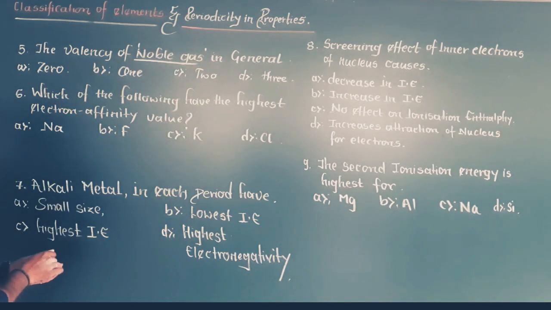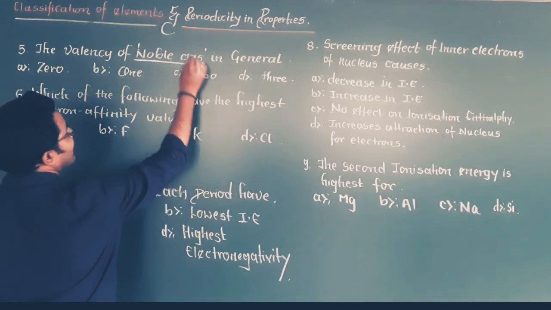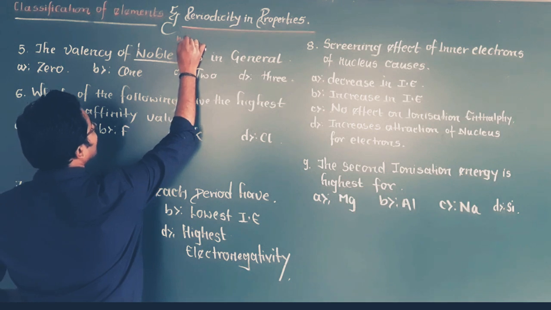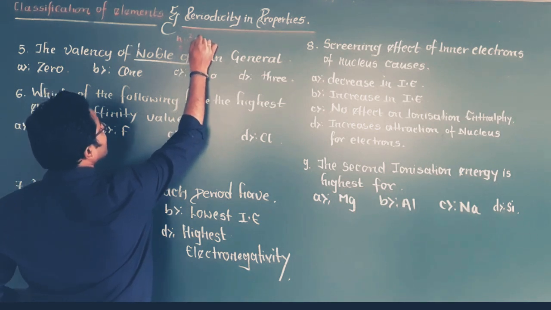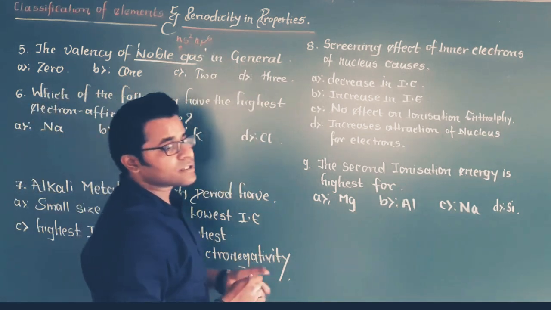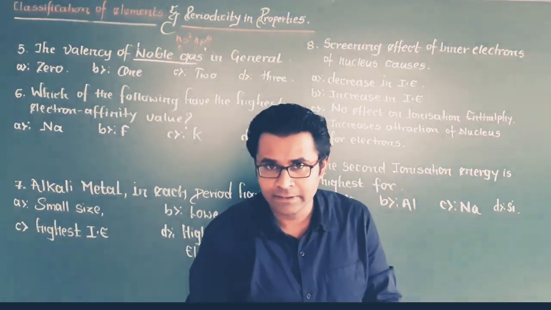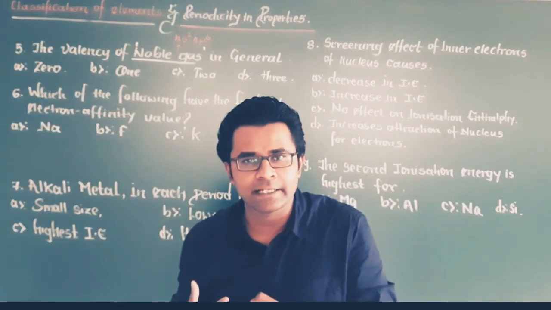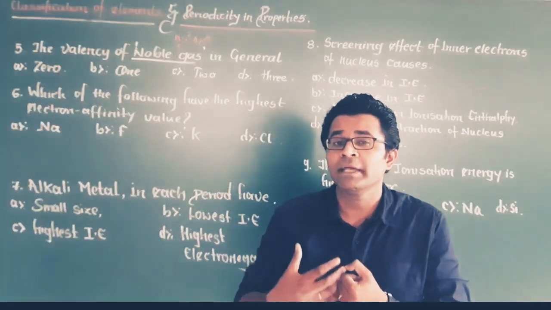Okay, so in that case, when we speak about the noble gas, they are asking us the valency of the noble gas. But noble gas has a general electronic configuration of ns2 np6. That means the outermost orbit is completely filled. It neither wants to give electrons, nor does it want to take in electrons. Therefore, it is not going to form any bond.